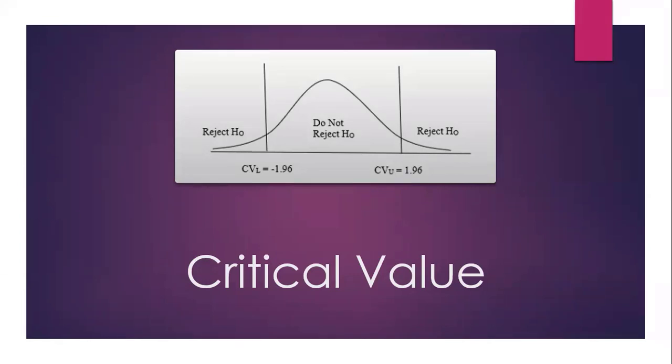Remember again that we believe that 95% of our values fall between negative 1.96 and positive 1.96 standard deviations from the mean. That means if we find a sample whose mean falls outside of those bounds, it either has a z-score of less than negative 1.96 or greater than positive 1.96, then we have found something that is different from what we know 95% of the population should look like.